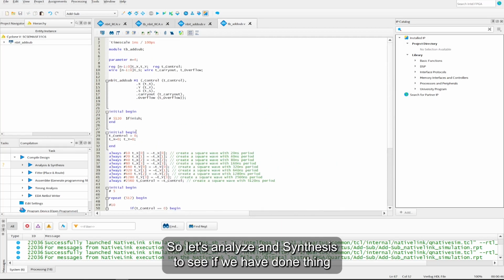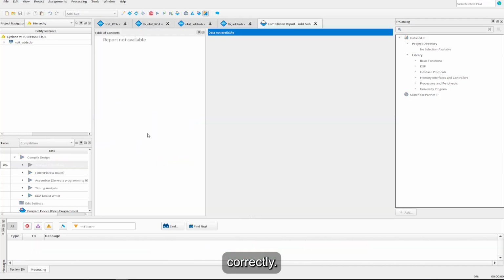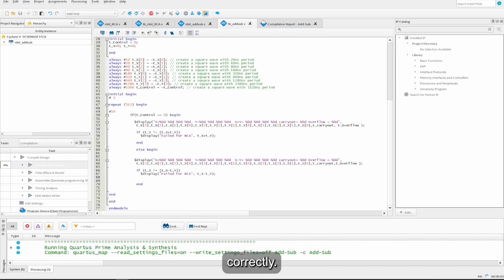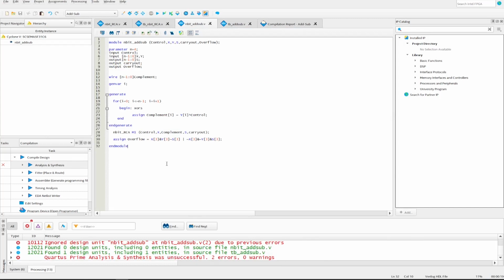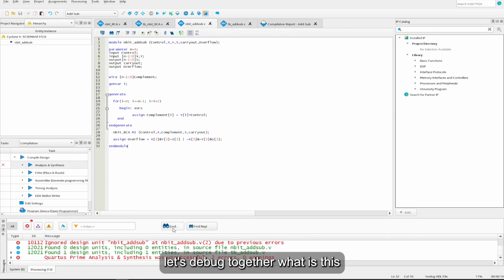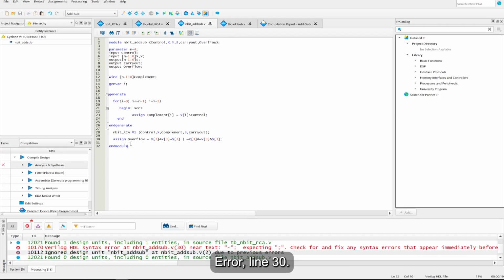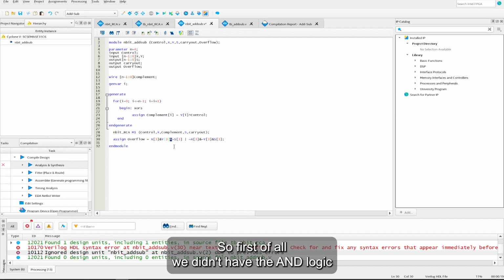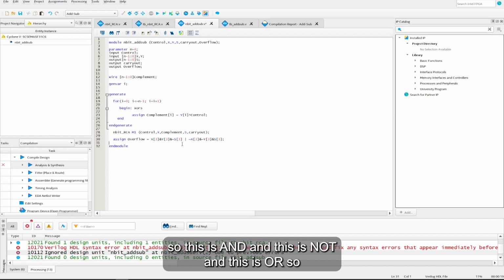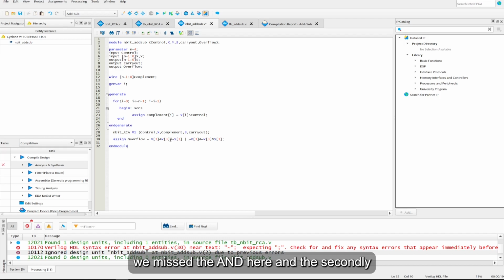Yeah, so let's analyze and synthesize to see if we've done everything correctly. Okay, so we have some error here. Let's debug together. What is this error? Okay, line 30. Okay, we can see here we are missing this one. First of all we didn't have the AND ports. So this is AND, and this is NOT, and this is OR. So we missed the AND here.